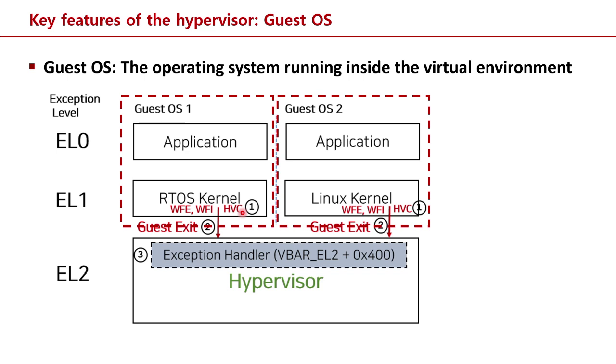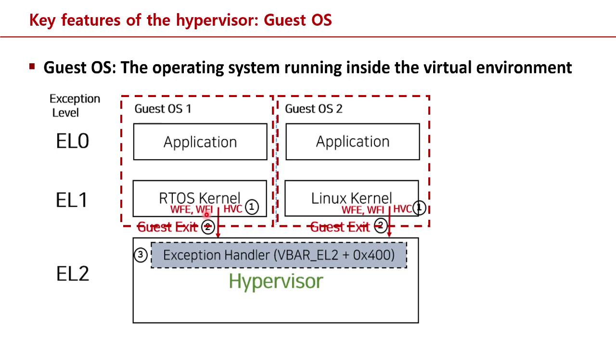HVC is called hypervisor call in terms of ARM architecture. And then we have other assembly instructions that act like the HVC instruction. That is the WFE assembly instruction and the WFI assembly instruction.